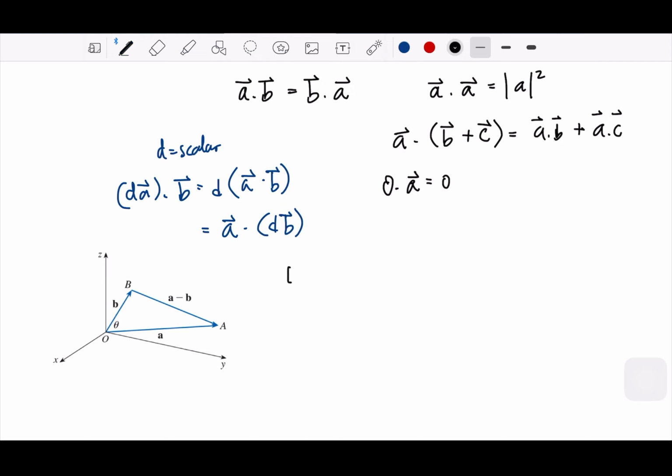So let theta in the picture be the angle between vector A and vector B, and theta itself is between 0 and pi.